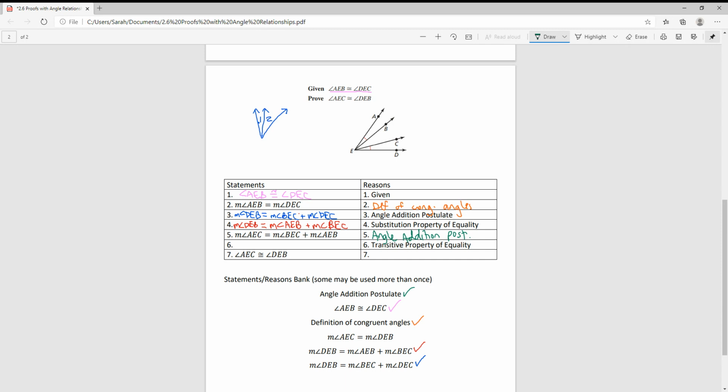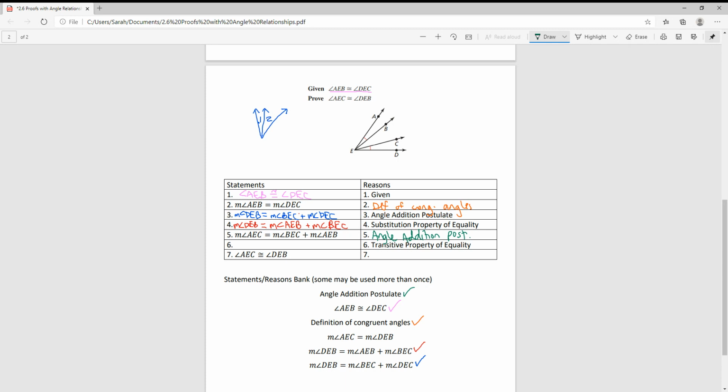Okay. So now, using our transitive property of equality, we use the transitive property of equality when we have two equal things going on. Measure of angle DEB is BEC plus DEC. Measure of angle AEC is BEC plus AEB.